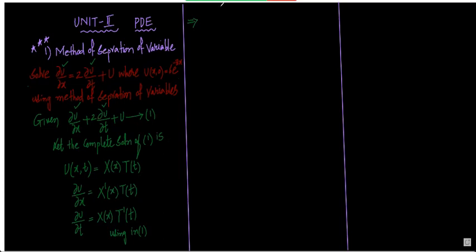Replacing those values, it becomes X dash of x into T of t, that is equal to 2 times the value of dou u by dou t, X of x into T dash of t, plus u. U is a function of both, so we write X into T. Any doubt here? No.